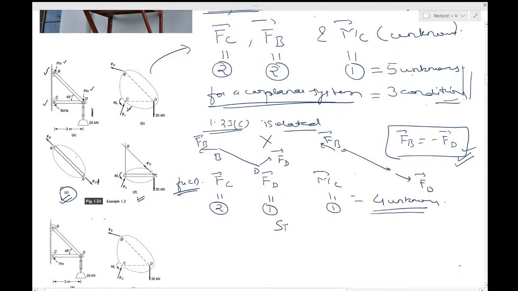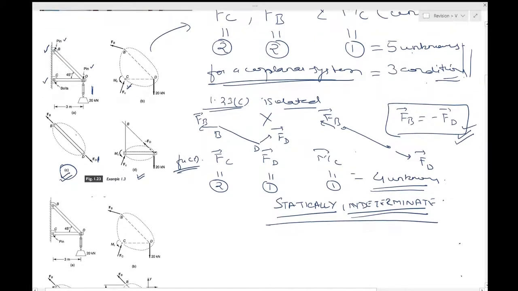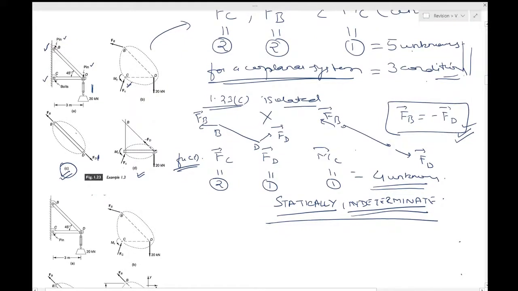You call this situation statically indeterminate. Since you cannot solve for four unknowns using three equations, we will see in the next class how we can proceed in a situation like this. Okay. Thank you.